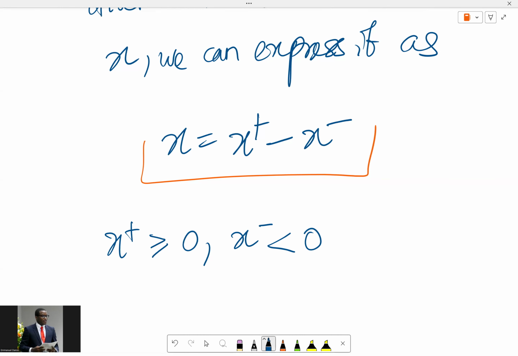If you have a variable that can take on both positive and negative values, it can be written as the amount by which it's positive and negative. Basically, that's the idea here.